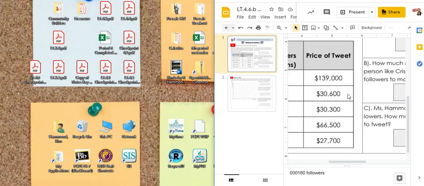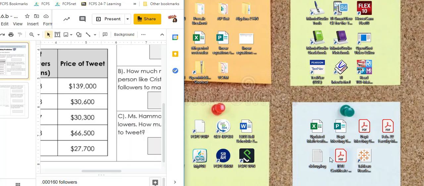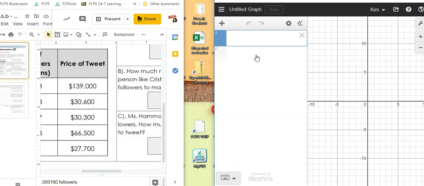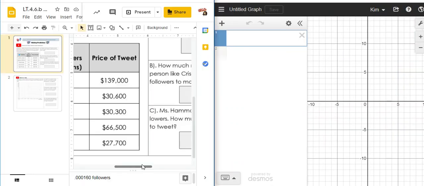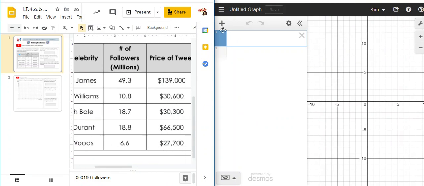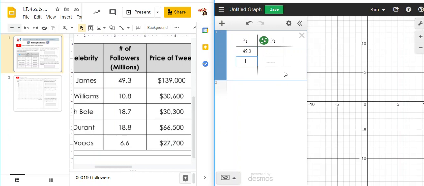So the first thing that we're going to do is we're going to open up our Desmos. All right, and if you remember, we go over here to the plus sign. We're going to make a table, and I'm going to enter the data in.